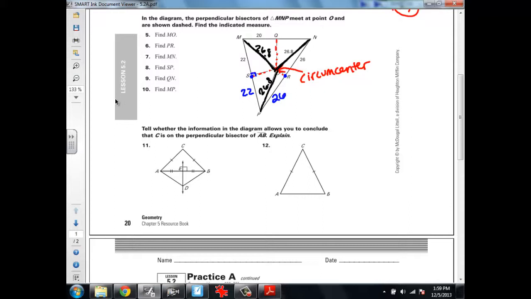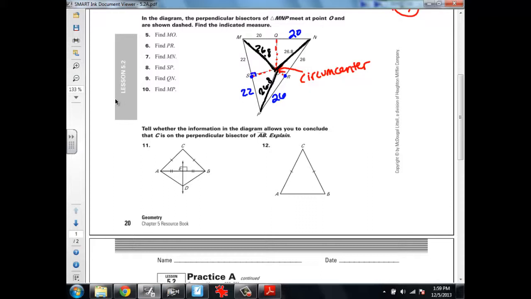If this is 20, this is 20. We just labeled everything real quick right off the bat. Those are equal, those are equal, those are equal. These lengths in here, I haven't taught you how to find yet, and we're not going to find those just quite yet.